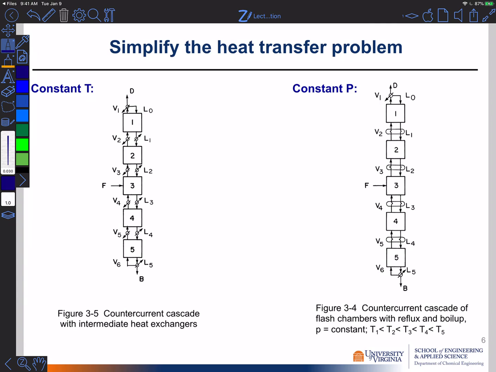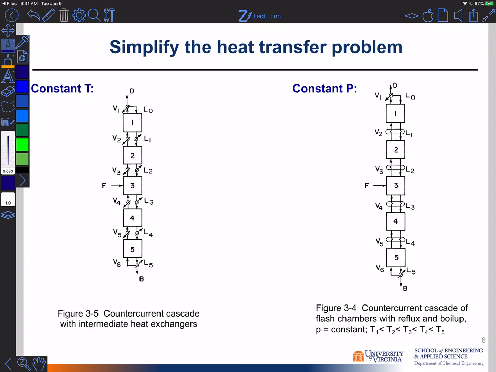So we could think about doing this with intermediate heat exchangers, where we have a separate piece of equipment on each stream, as is indicated here on the left.